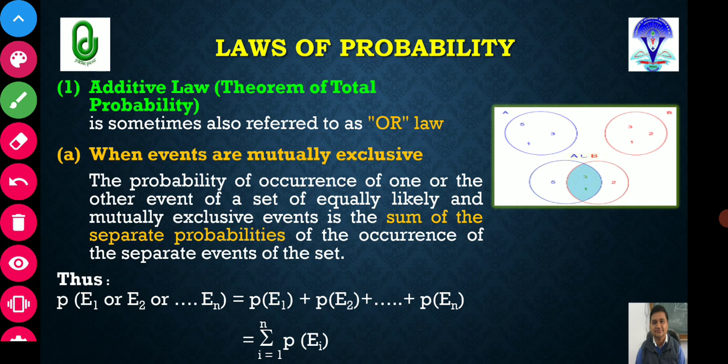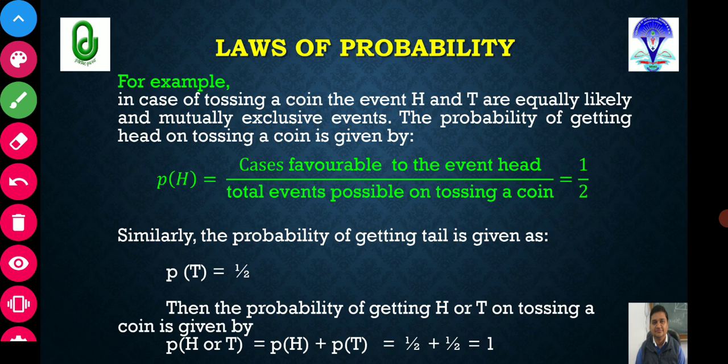Now just see one example that I have already discussed. In the case of tossing a coin, the events head and tail are equally likely and mutually exclusive events. The probability of getting head on tossing a coin: since there are only two events associated with tossing a coin, which are mutually exclusive, the occurrence of these two events will be equal, that is 1 by 2.